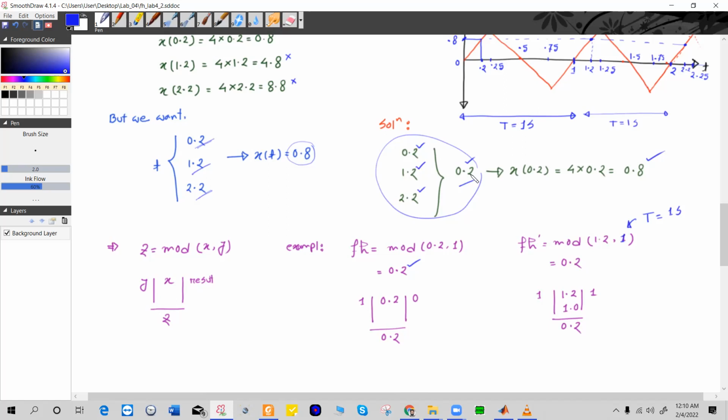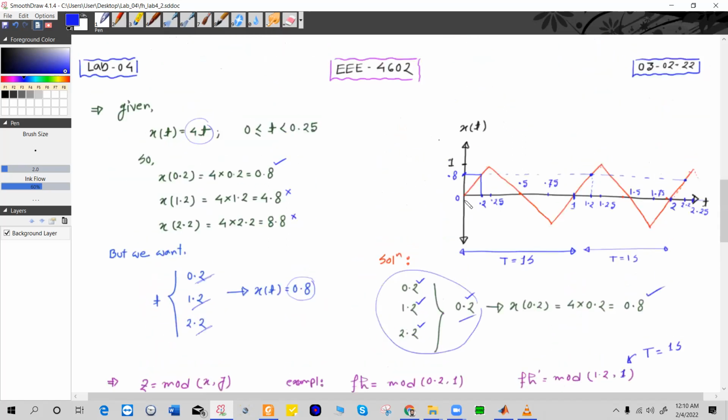That means that after the first time period, if you move to the second time period, you can actually have the same values. What I'm trying to say is, if you can ensure that time t equal to 0.2, 1.2 and 2.2 all give 0.2, then you can have the periodic signal, right?